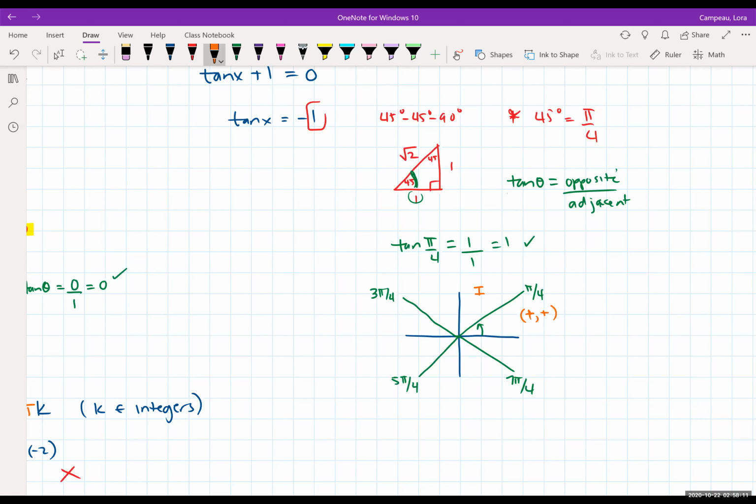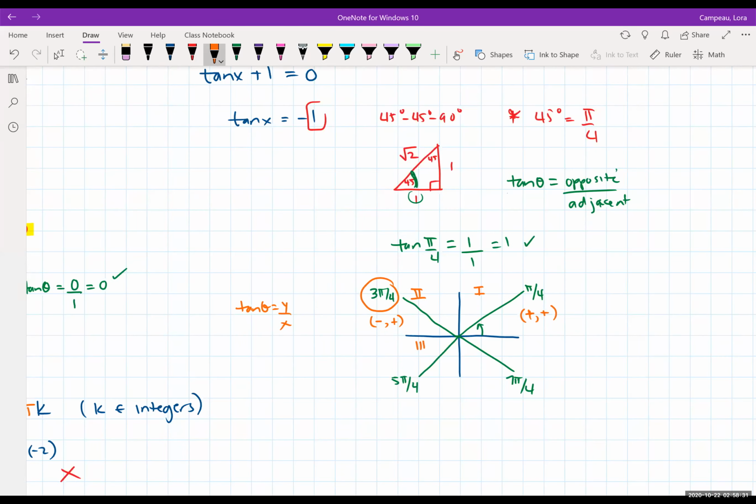When you're in quadrant 2, your signs are negative x and positive y. So this would be a case, because remember, tangent of theta is y over x, so if you have an opposite y and an opposite x, this would be a good case of a potential solution.